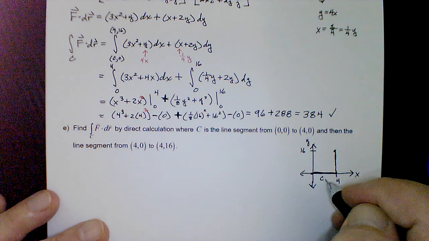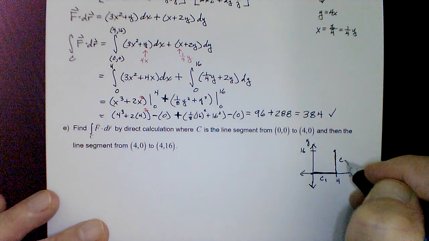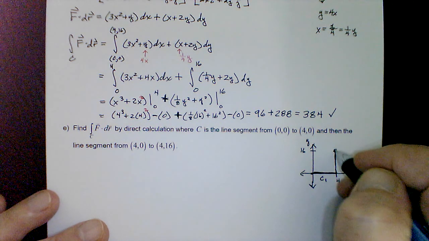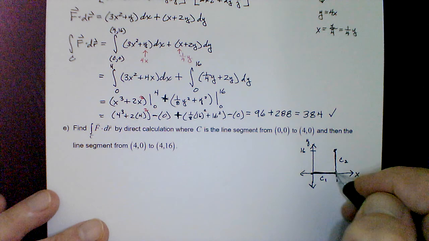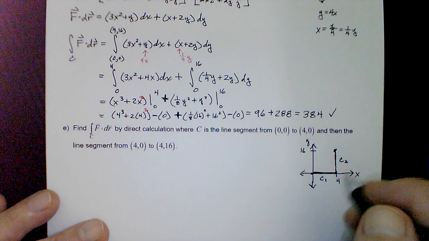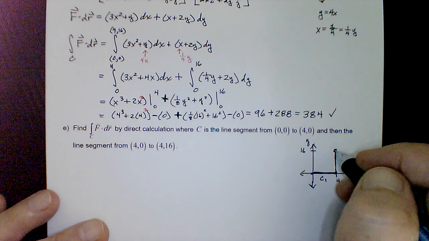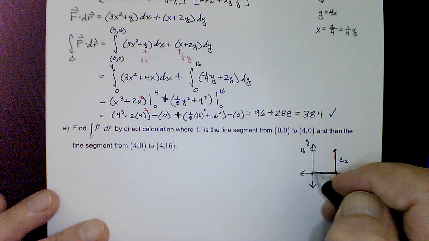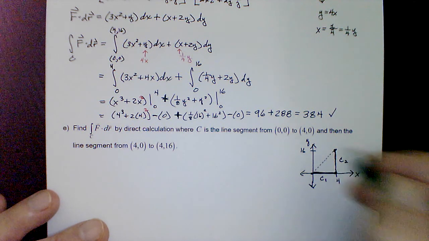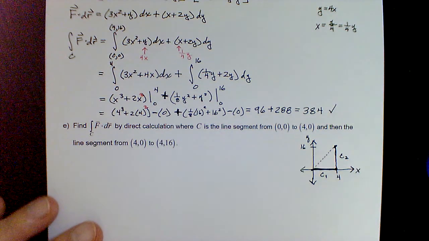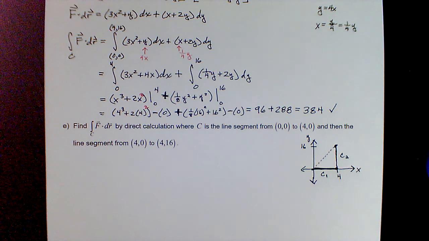That's going to be C1. And we'll call this C2, (4, 0) to (4, 16). Okay, so we're getting to the same endpoints, but we want to show this in a different way.